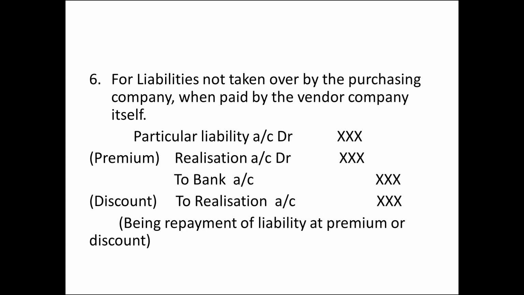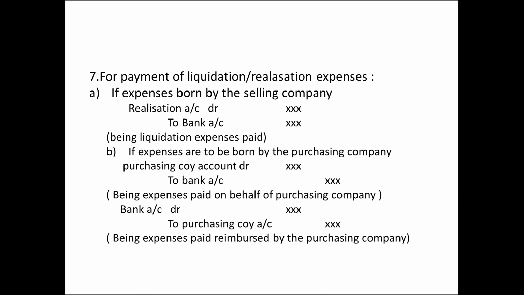This entry is to be posted when the liabilities present in your selling company are not taken over by the purchasing company. In that situation, this entry is posted in the books of the vendor company. Clear?